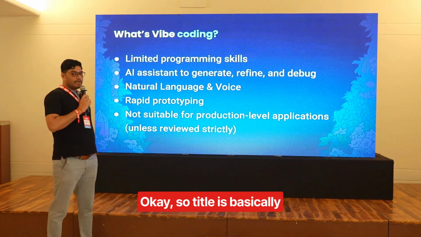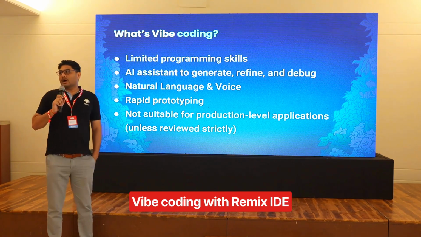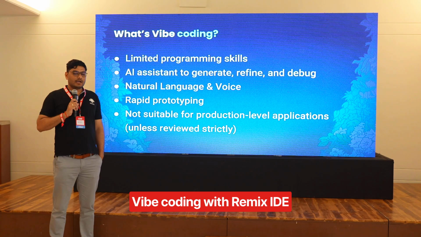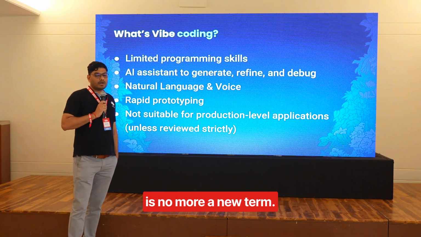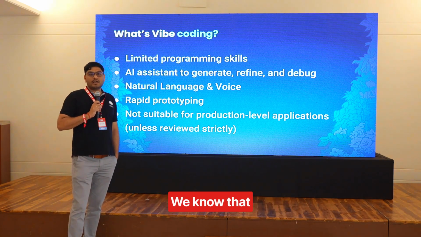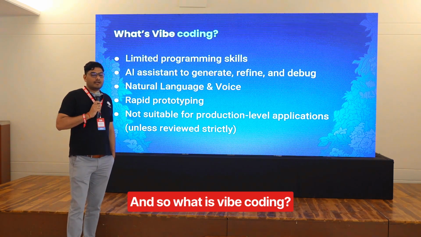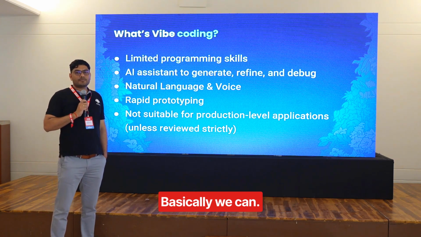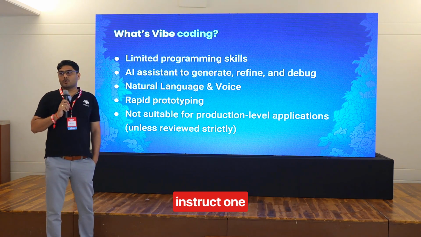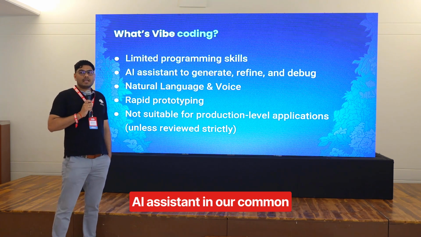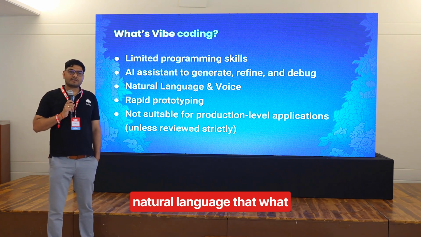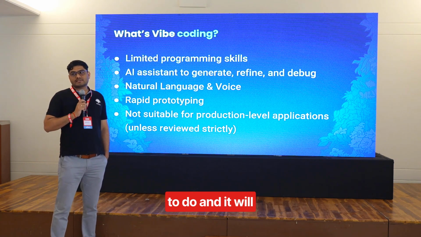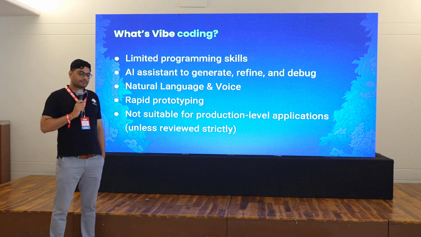Okay, so the title is basically vibe coding with Remix IDE, and vibe coding is no more a new term. We know that AI is all around us, so what is vibe coding? Basically, we can instruct an AI assistant in our common natural language on what to do, and it will write our code for us.